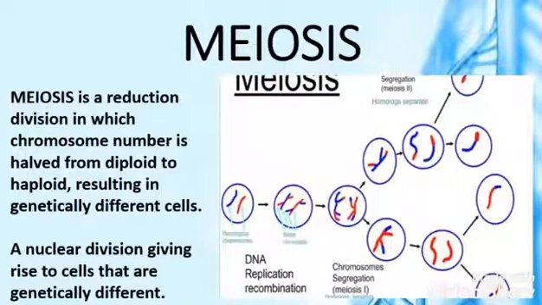They have one set of chromosomes instead of two. This is so that when they fuse together, the zygote formed has two sets. Meiosis is a nuclear division giving rise to cells that are genetically different.